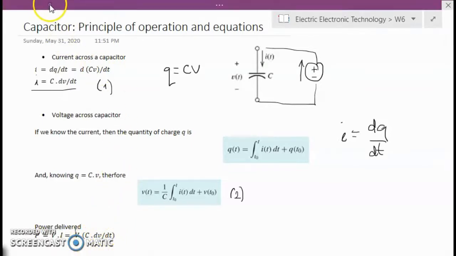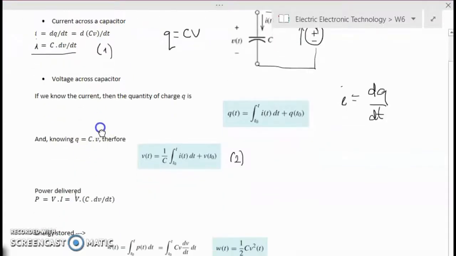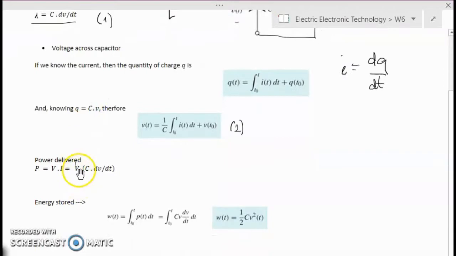And then there's another thing. It's not just power, we can also calculate the energy stored by the capacitor. Energy, when compared to power, is just the integral of the power, P(t) dt. So what we need to do is just integrate the equation of power, so it becomes the integral of CV dV over dt dt.